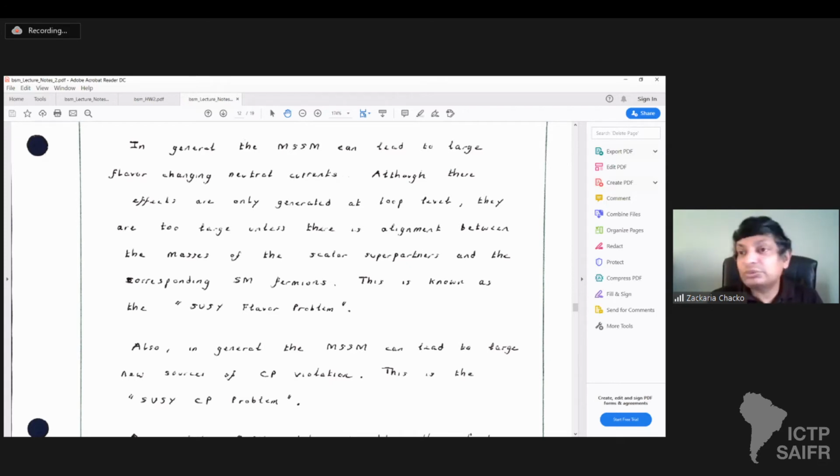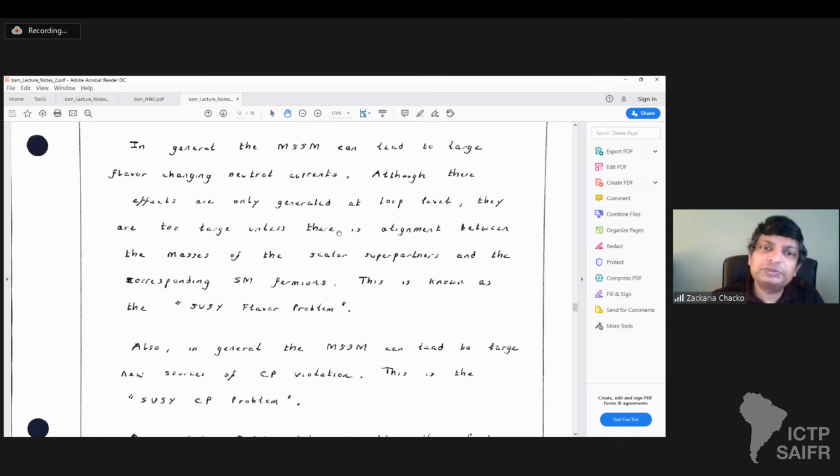In the MSSM, you don't have any of that. You still get a loop suppression, but in general, you don't get a GIM suppression or a CKM suppression or anything like that. You get your loop suppression, that's it. And that's way too big.